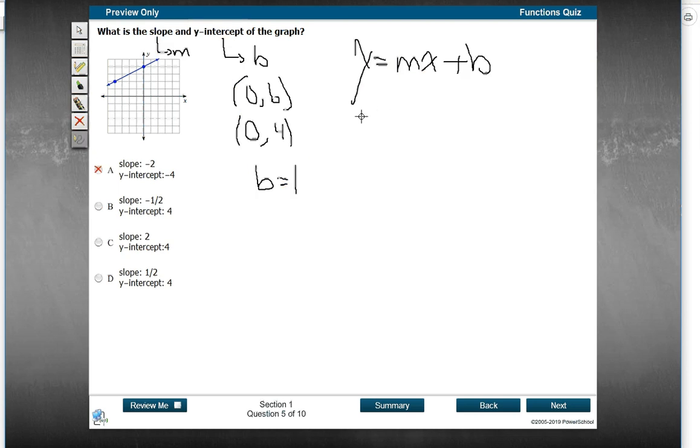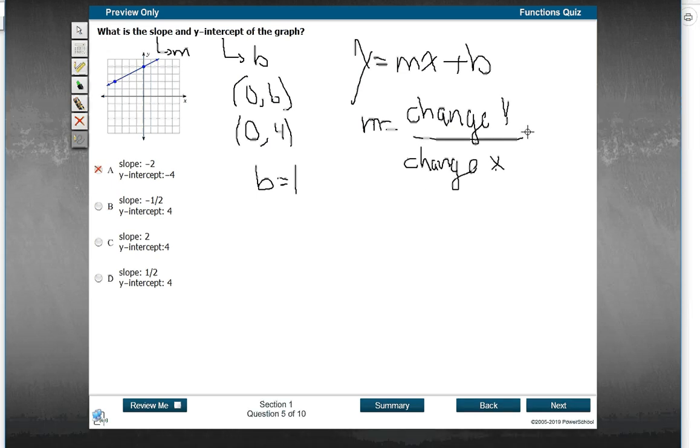So again, as always, our slope is going to be that change in y divided by that change in x. Something like that. Okay.